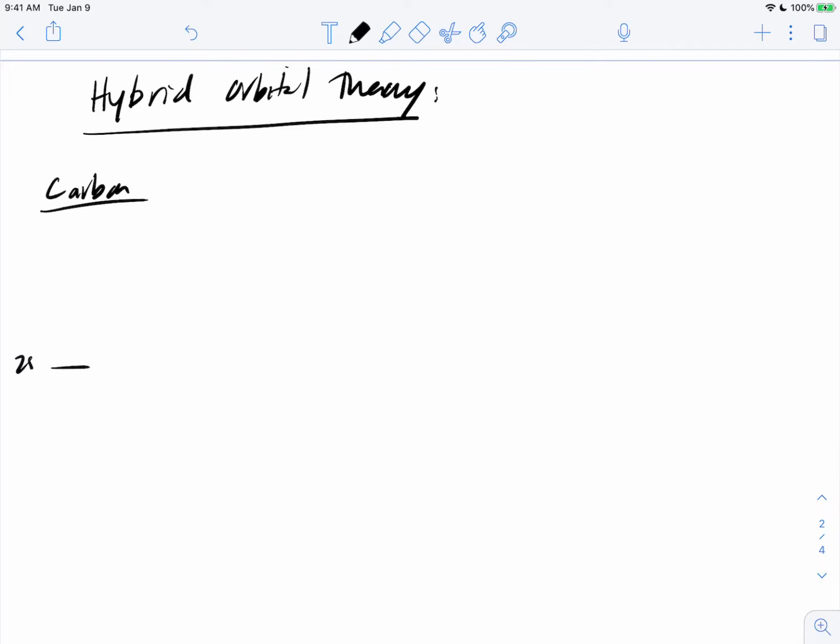So it starts off with, we're just going to look at the valence electrons, so 2s and 2p. So carbon has 2 electrons in the 2s, and then 2 in the 2p, 4 valence electrons total.